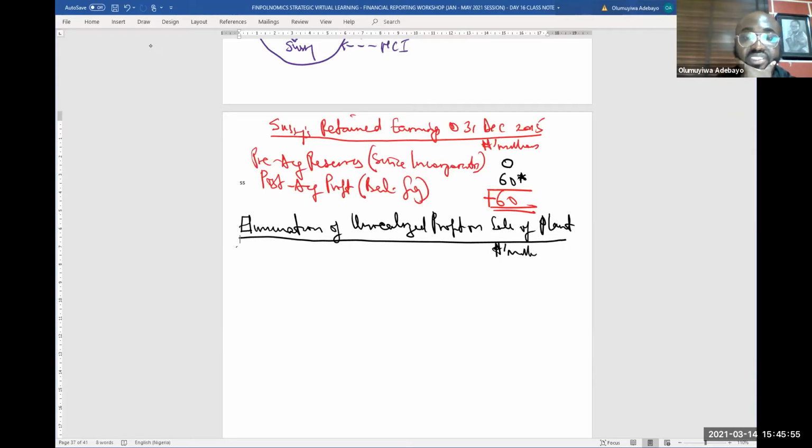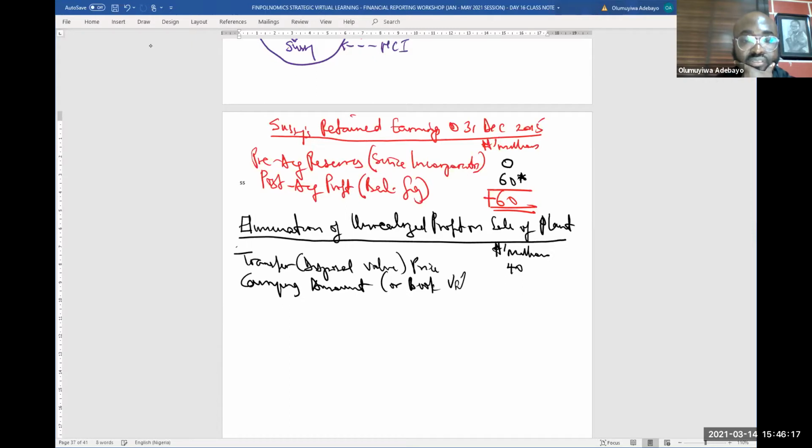The unrealized profit is the difference between the transfer price or the disposal value, which was 40 million, and the carrying amount, which is also known as a book value of 36. This profit is unrealized on disposal of assets.